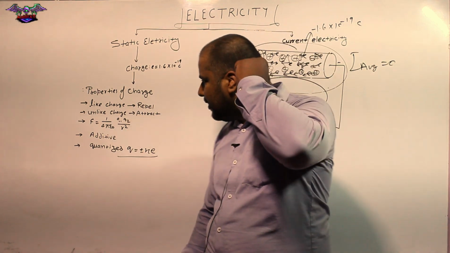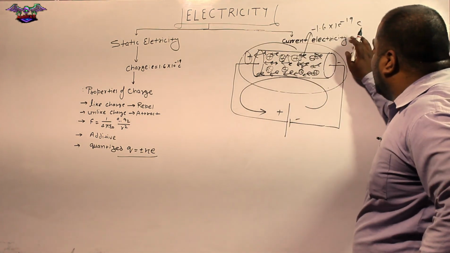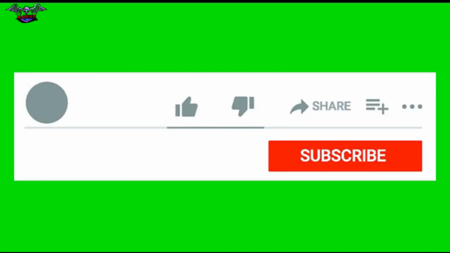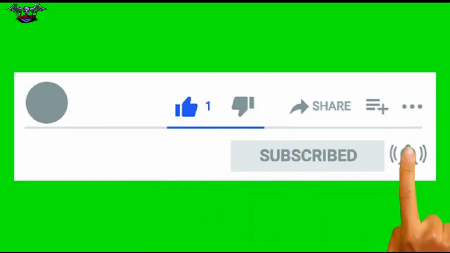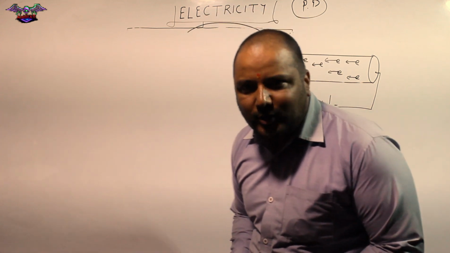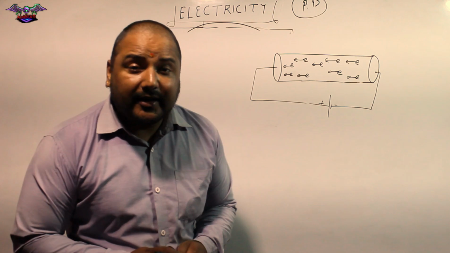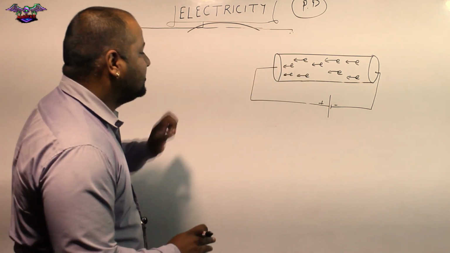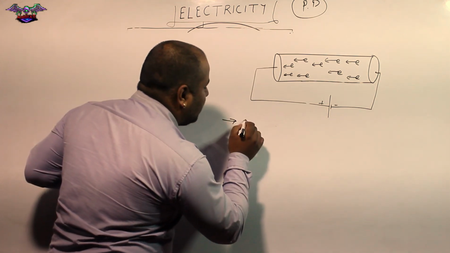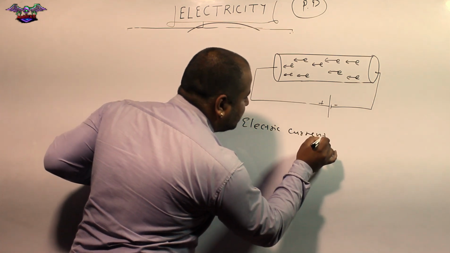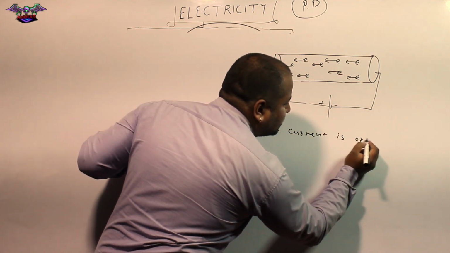Right? Now we can conclude that electric current is the ordered motion of electric charge.